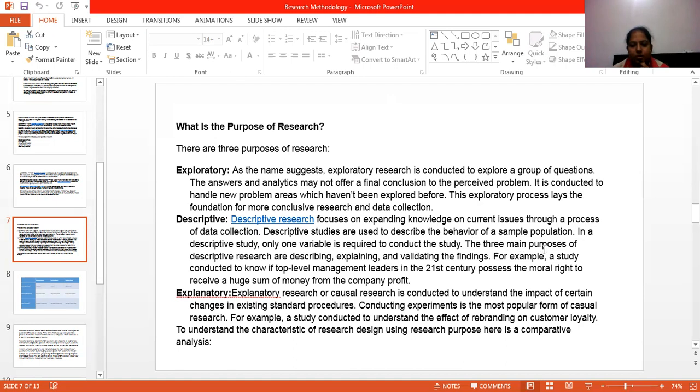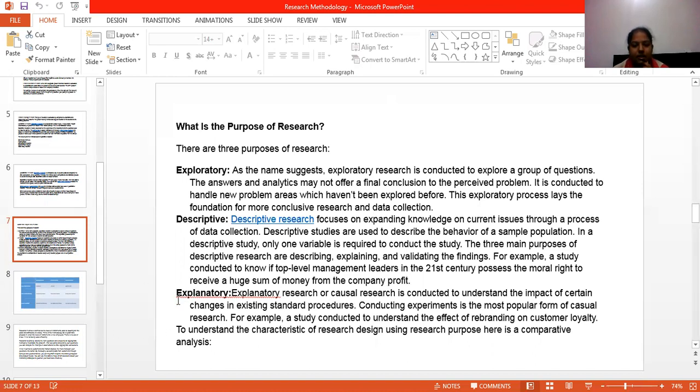The three main purposes of descriptive research are describing, explaining, and validating the findings. For example, a study conducted to know if top-level management leaders in the 21st century possess the moral right to receive a huge sum of money from the company profit.